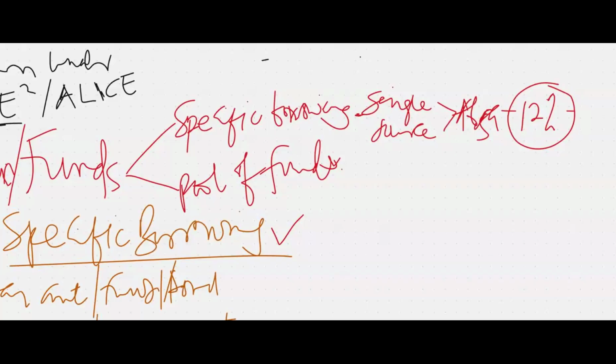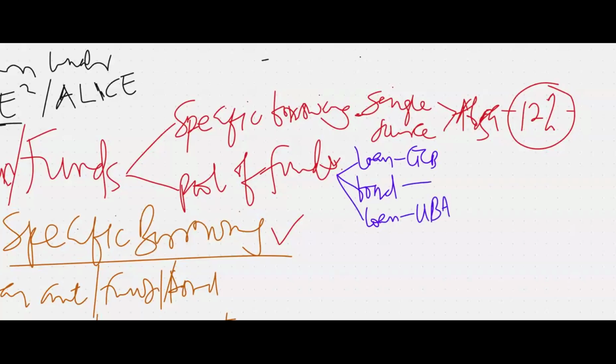So the business can go for a loan from a bank. The business can go for a bond from the bond market. The business can go for another loan from another bank. So let's say this loan is from GCB. This other loan is from UBA. And it will go for a bond.